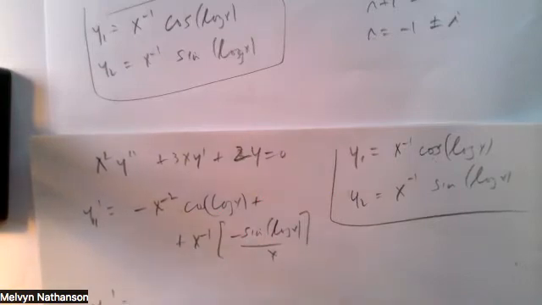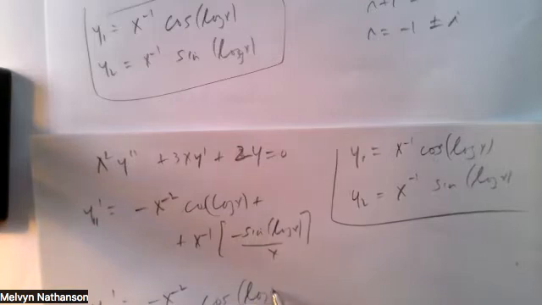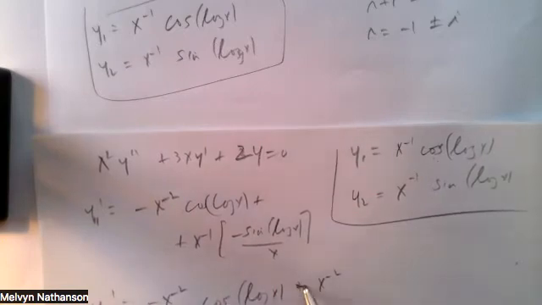So y1 prime is minus x to the minus 2 cosine of log x, and x inverse times 1 over x is another x to the minus 2, minus sine of log x. So this is minus x to the minus 2 times (cosine of log x plus the sine of log x). That's the first derivative.